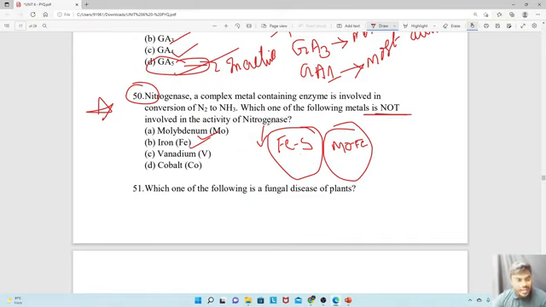Friends, vanadium. I am using the word nitrogenase, right? There is an enzyme called vanadium nitrogenase. I want you to remember this.